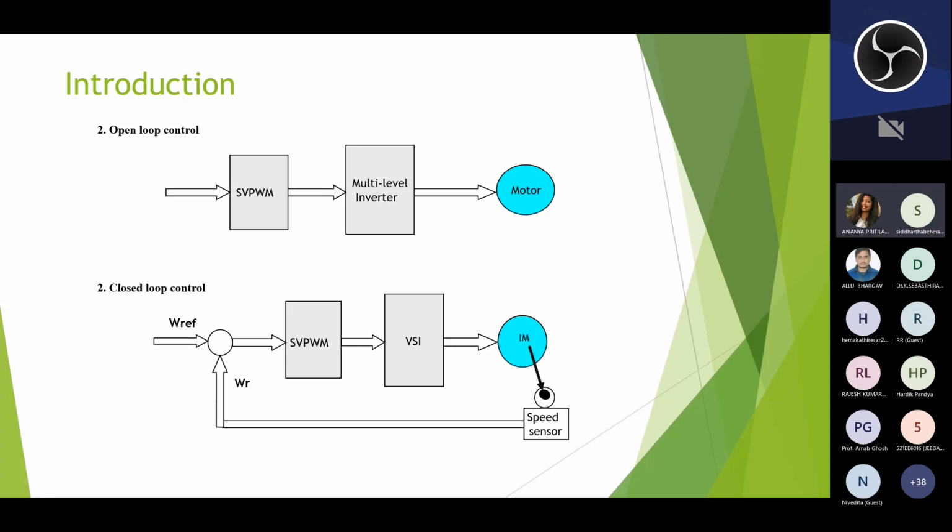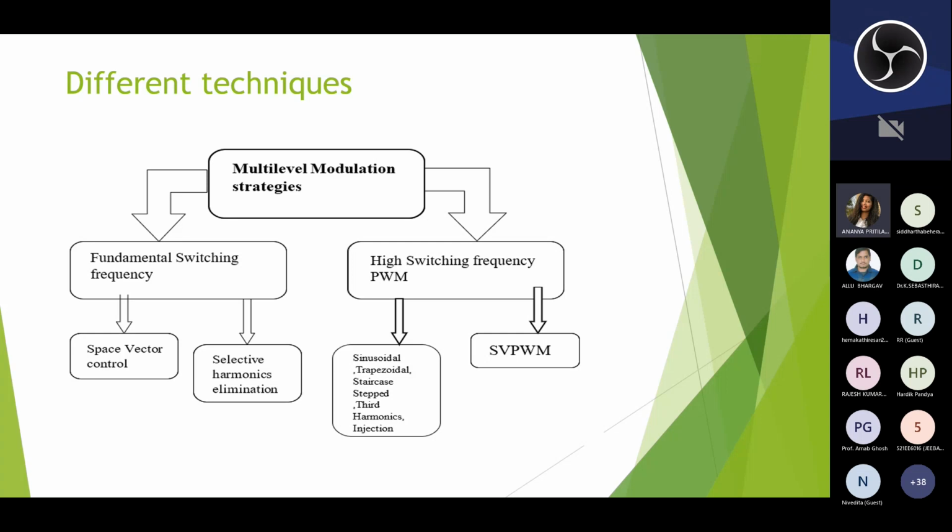Coming to different techniques. The purpose of various PWM based techniques is to reduce the current's total harmonic distortion. Increasing switching frequency reduces the lower harmonics. The required output voltage is obtained with the reference value of frequency and RMS voltage, which also leads to sinusoidal waveform generation.